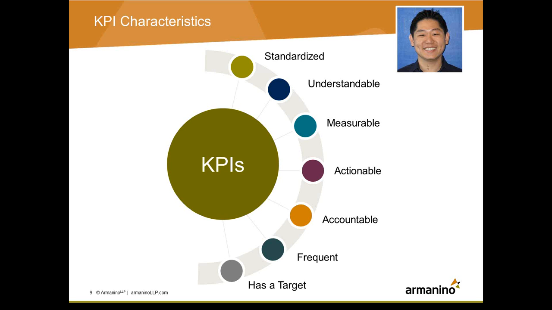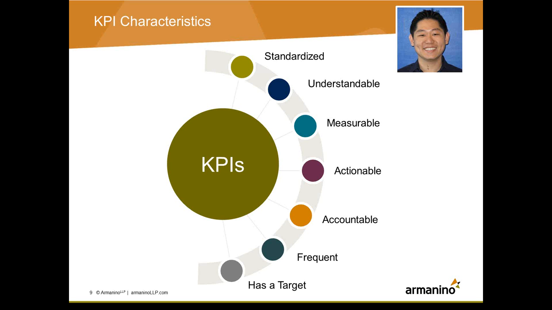One of the things that we're going to see as part of a good implementation of a KPI is creating a KPI that is understood not just by the executives, but by all layers of the organization. It's easy and simple for them to understand, so they understand how they can make an impact.